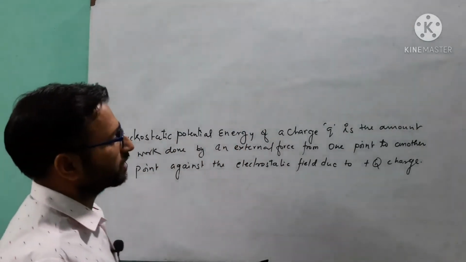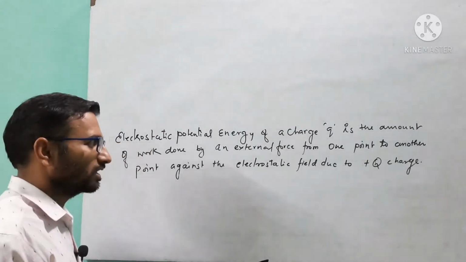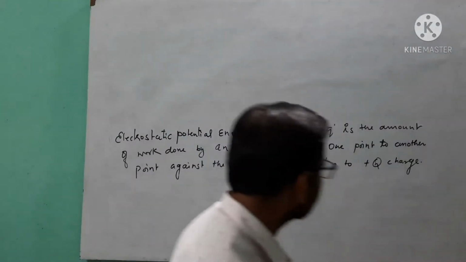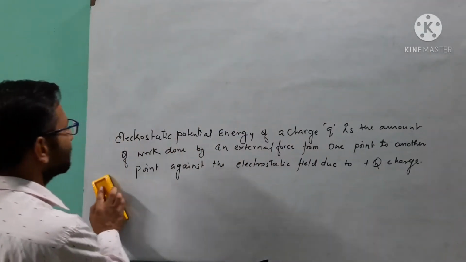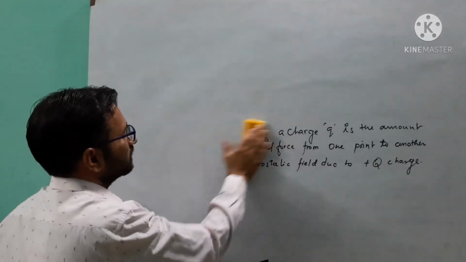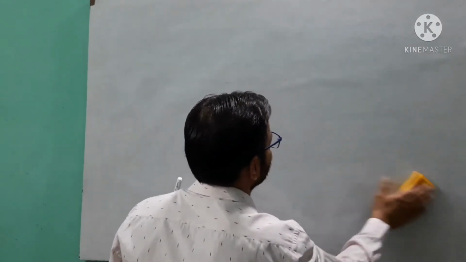So this is one more definition by which you can explain the electrostatic potential energy, and after that we will talk about the electrostatic potential. We will derive the electrostatic potential energy very soon by the formula F into dr.